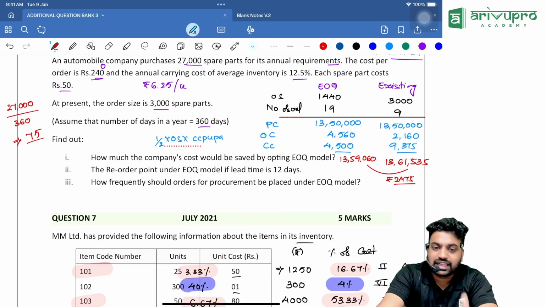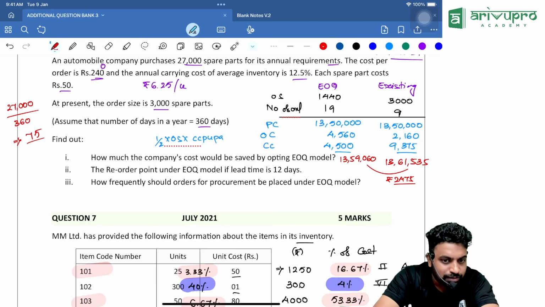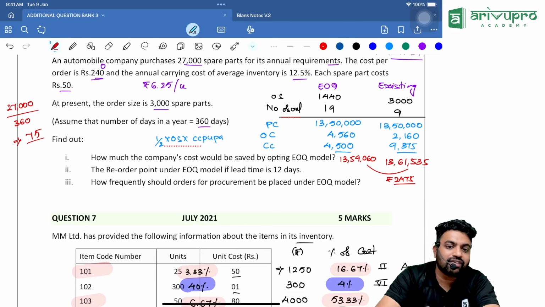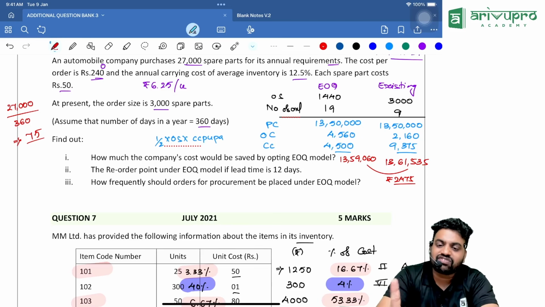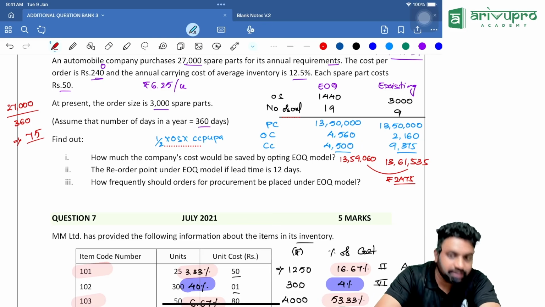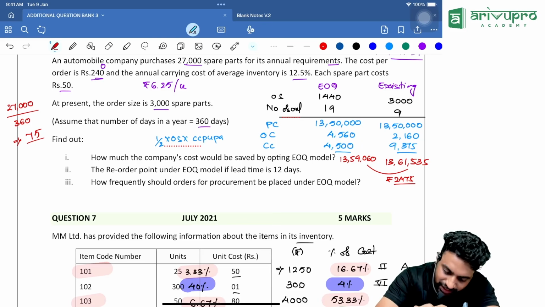In a day, if you are consuming 75, and my question is, whenever the question is not talking about minimum consumption, maximum consumption, only average consumption is given, or whenever they have given maximum but not about minimum and average, or whenever they have given minimum not about average and maximum, in all those cases, whatever the data given, that itself will be the minimum consumption, that itself will be the maximum consumption, that itself will be the average consumption.